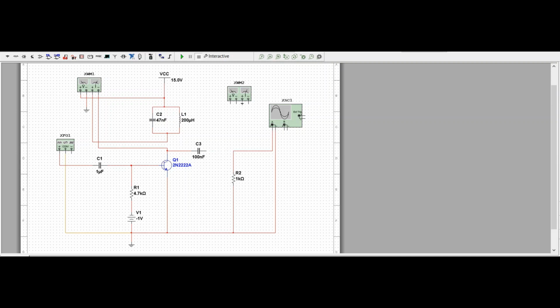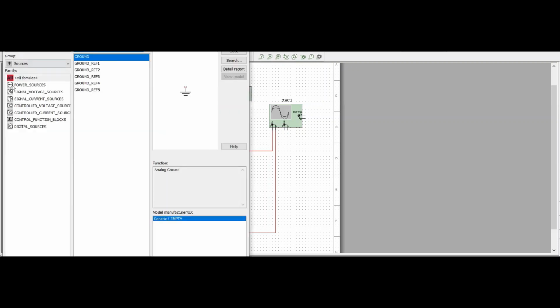Current flows over here, positive and negative over here. Voltage across the load resistance: so voltage will be over here and the negative will be grounded.